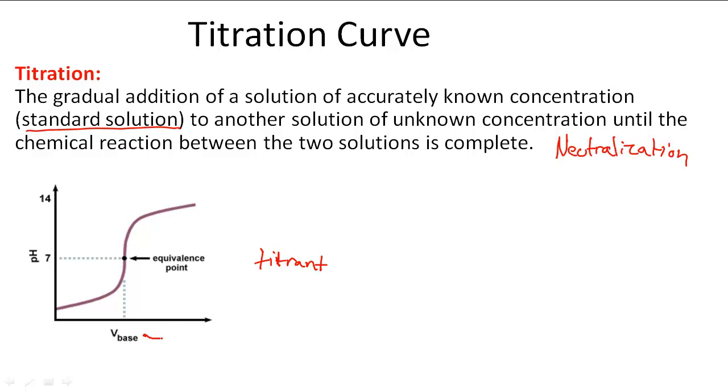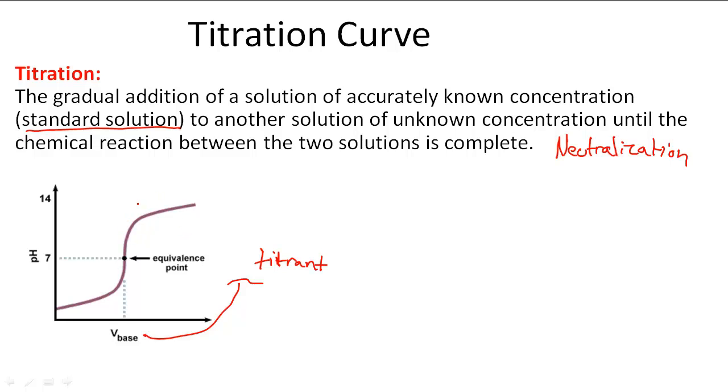This base is called the titrant, and it has been added to completely neutralize the acid or base, what we call the subject acid or base. So this standard solution, or the titrant, is being added to this acid or base, and we are trying to figure out its equivalence point so we can find out when it's neutralized.